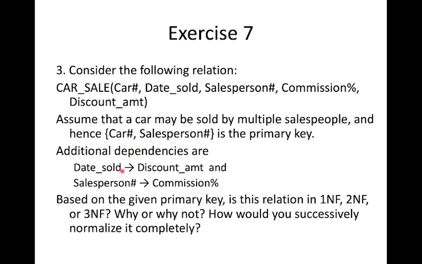The additional dependencies are date sold to discount amount, and salesperson to commission percentage. Based on the given primary key, you have to check whether the relation is in first normal form, second normal form, or third normal form, and why or why not. If not, how would you successfully normalize it completely? Try to normalize it up to third normal form. The primary key is already given, so you have to check all these conditions and normalize it.